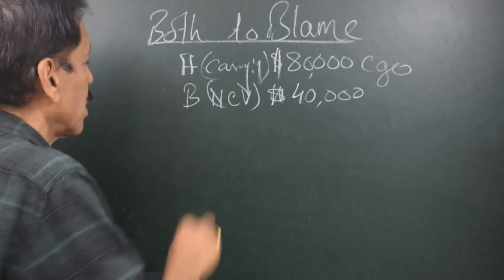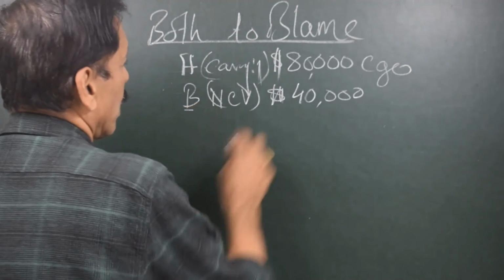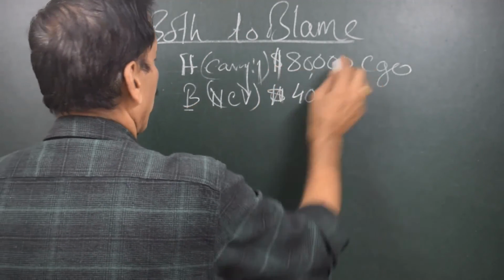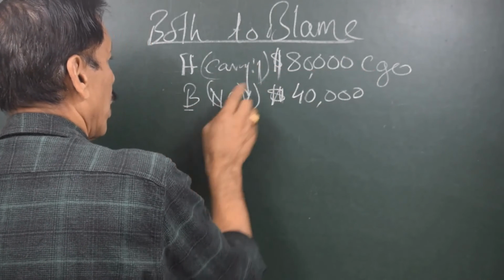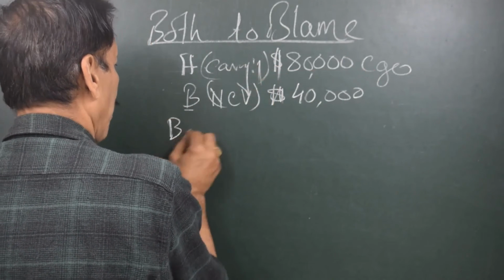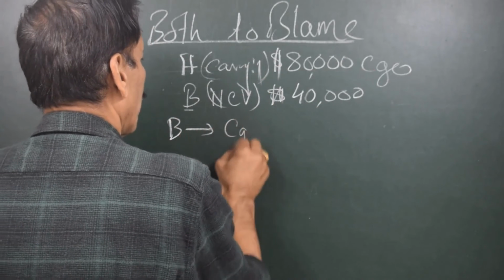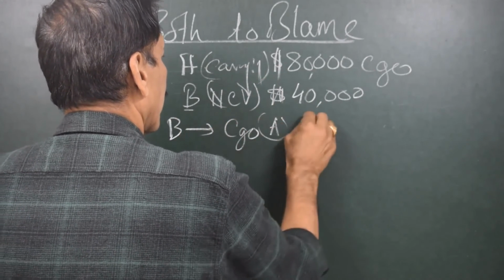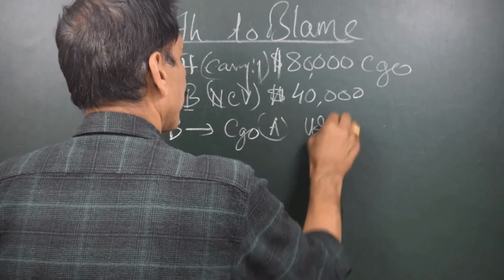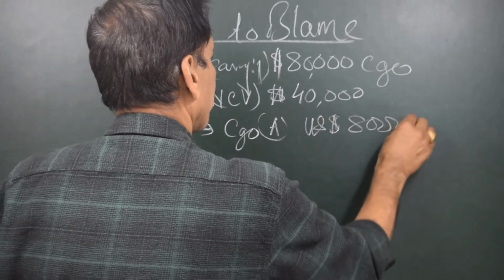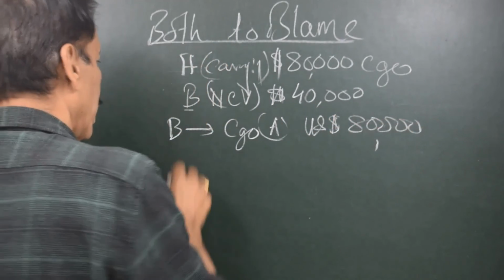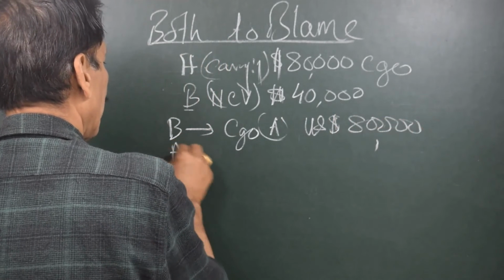Now what happens is, because there is a cargo damage here of 80,000, the cargo owner will recover 80,000. B will pay the cargo of A US dollar 80,000. Now B will recover 40,000.